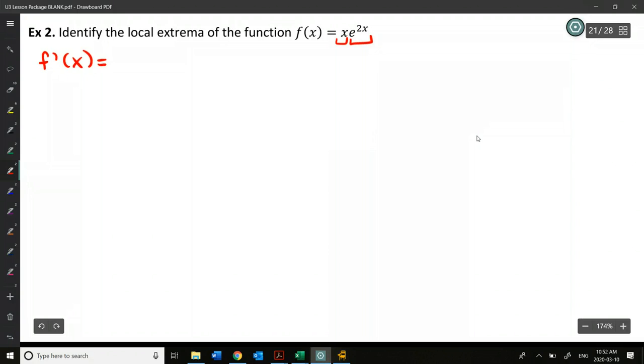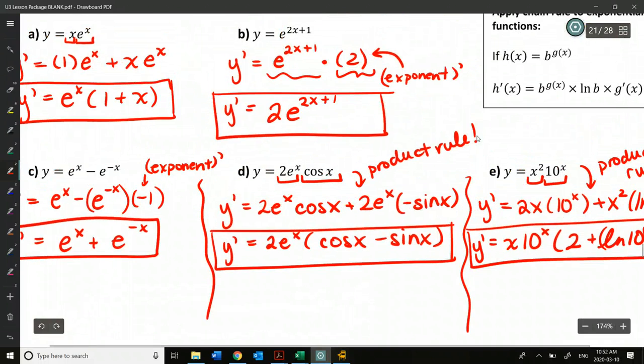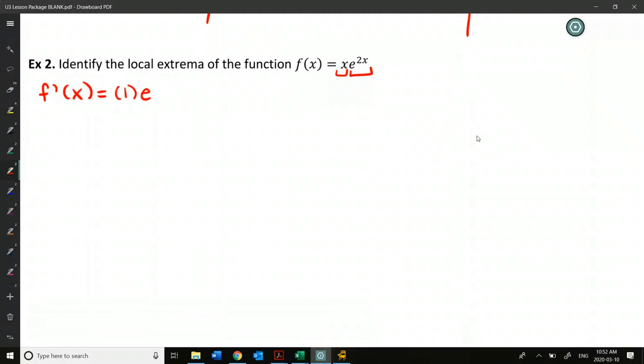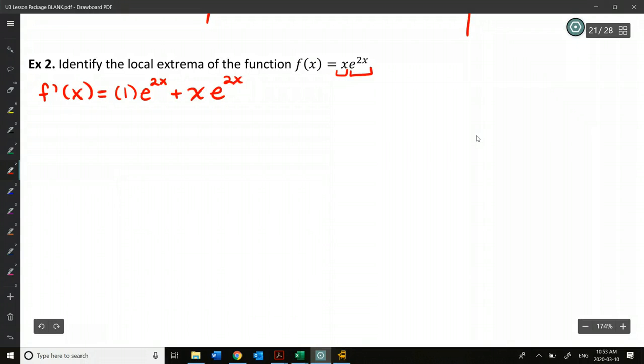We're going to do product rule here. Oh, we did something very similar. Derivative of the first times the second plus the first times derivative of the second. So we'll get e to the 2x back, but we also need to multiply by the derivative of the exponent. So derivative of 2x is 2.